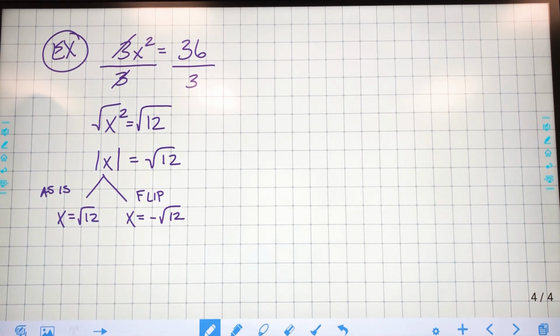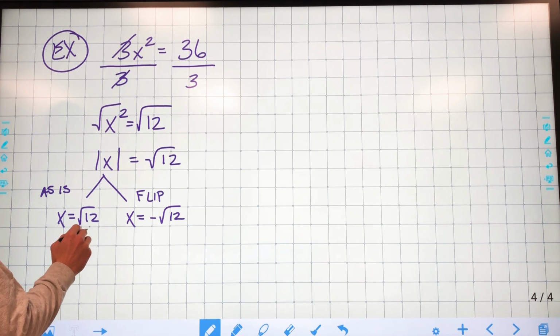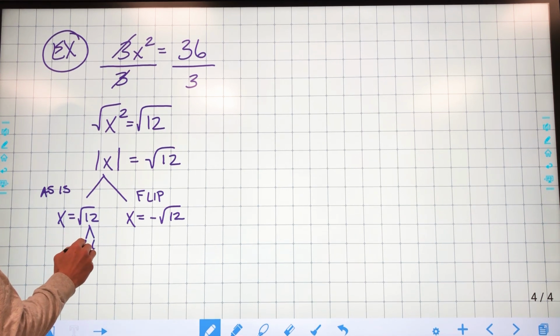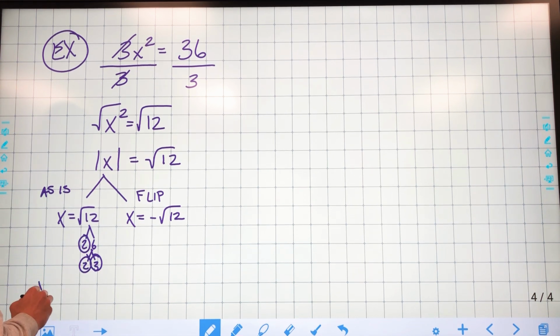Now I'm not done because I need to make sure I cannot simplify further. So I can, because root 12, right, I can simplify into 2 and 6, 2 and 3, and so x equals 2 root 3 on this side.